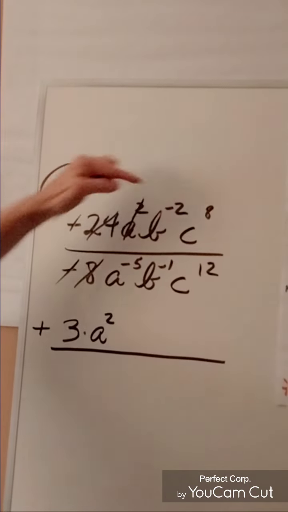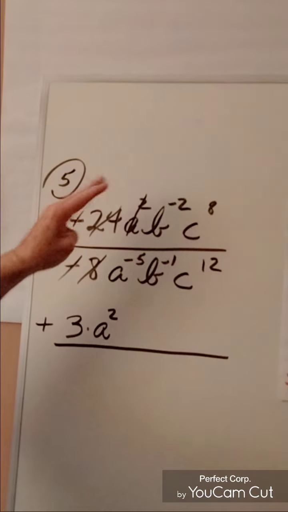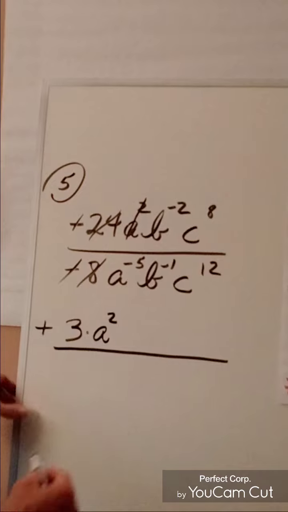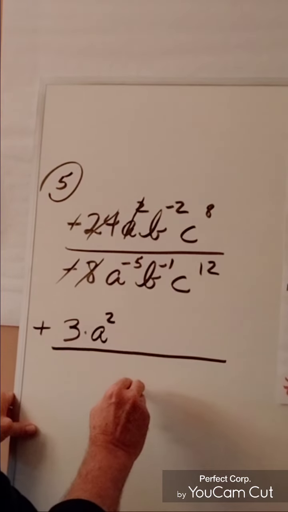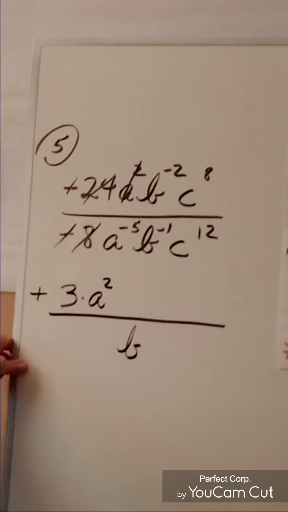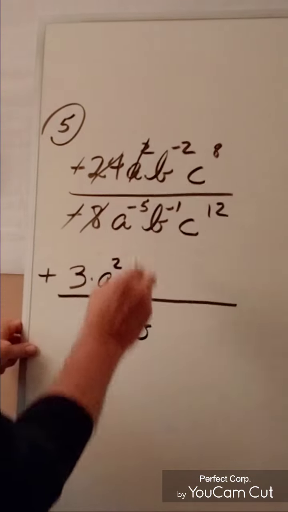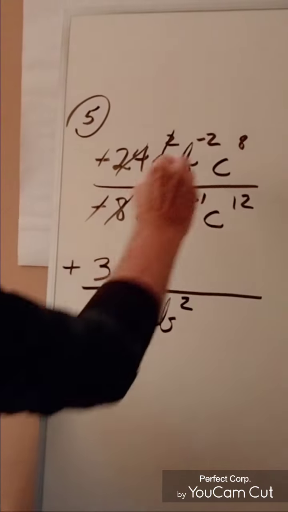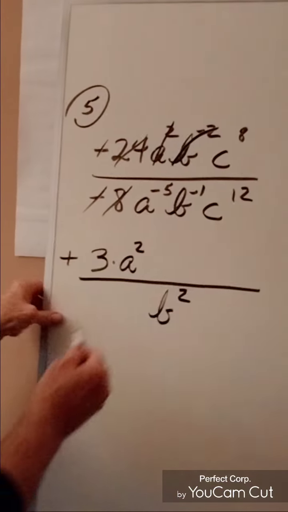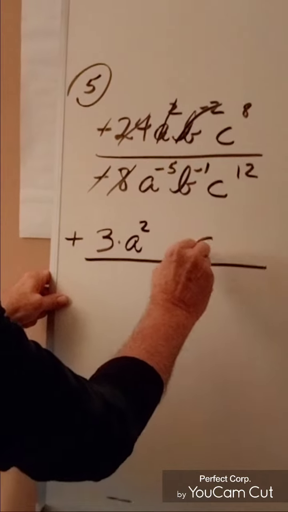That B to the negative 2nd is going to have to move. So we're going to switch this base to the other side. I could put it anywhere, just as long as I bring it down in the denominator, and it becomes B to the 2nd. Get rid of that. That's C to the 8th for right now. I'm just going to leave it alone right there.